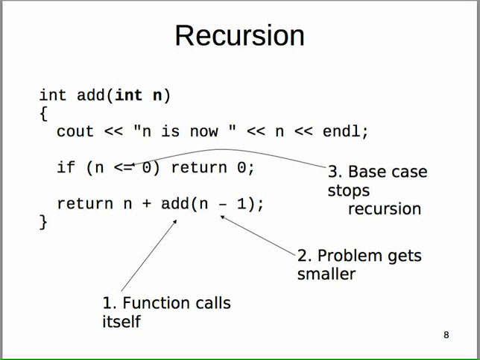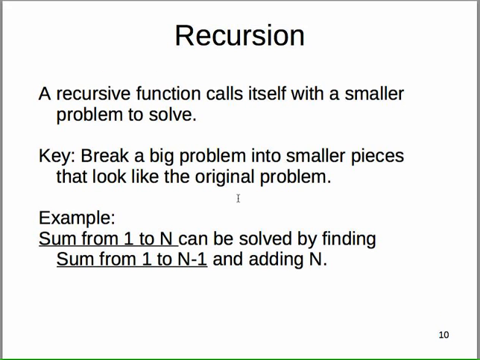And how do we solve this? Exactly the same way. Internally, what happens is you get n minus 1 put into here, and now you're solving the sum from 1 to n minus 1. That's done by adding, in this case, now n will be n minus 1, plus the sum from 1 to n minus 2, and so on. So here's the thing.